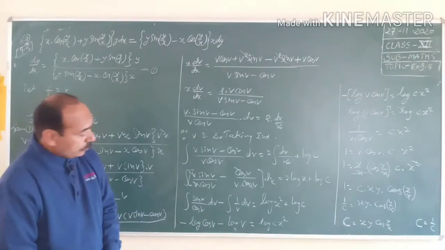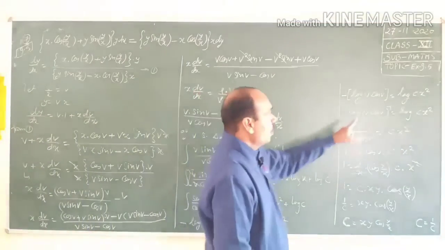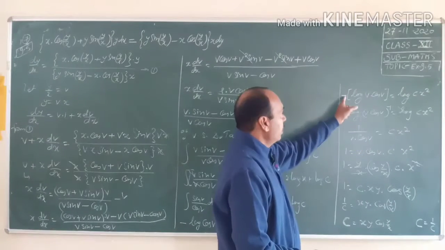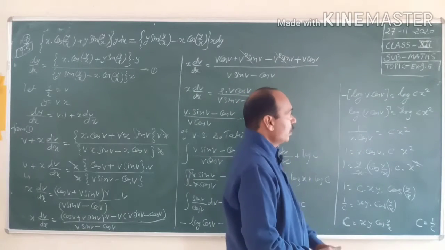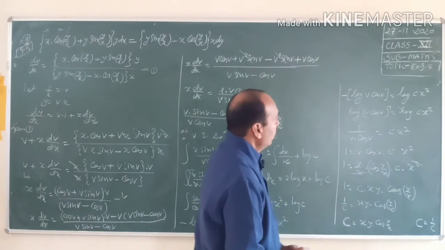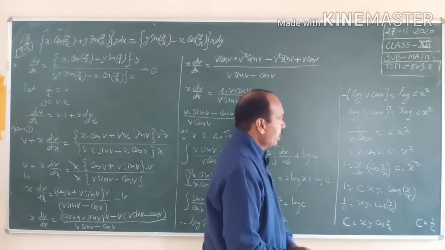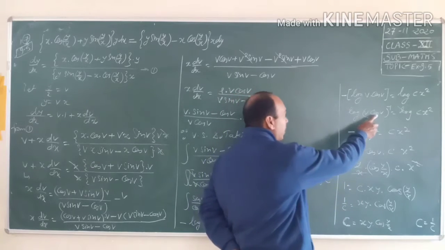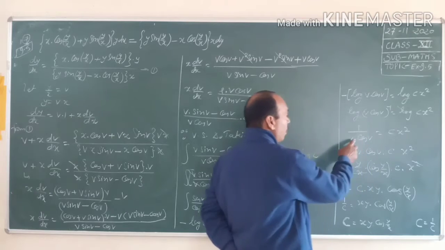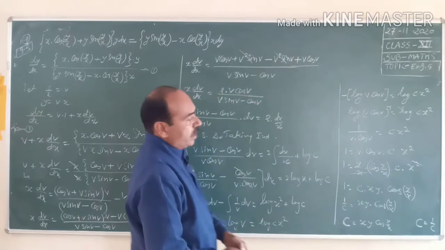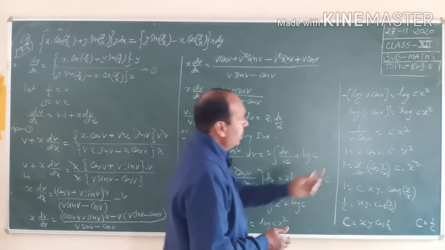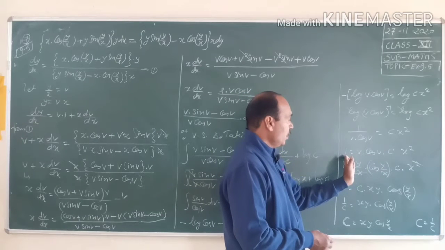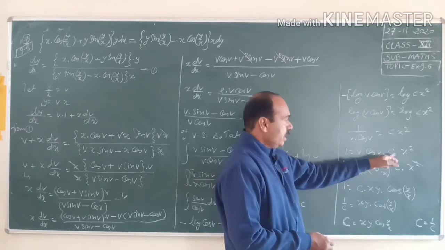The minus sign is taken common, so v cos v, and by the logarithm rule this minus sign becomes the power: (v cos v) raised to the power minus 1, which is 1/(v cos v), equals c x². If v cos v is transferred to the right side, you get 1 = v cos v · c x².